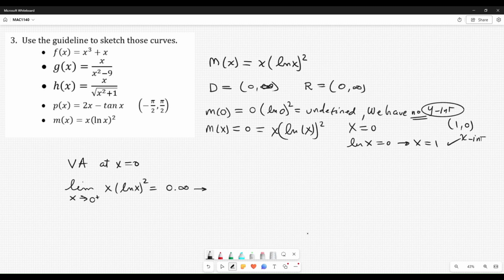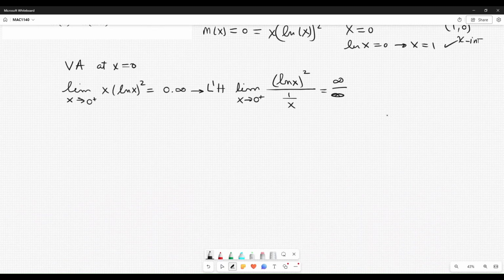Now, after rewriting the limit when x approaches 0 plus of ln x squared over 1 over x, it's equivalent. Now when you plug in, logarithm of 0 is infinity over infinity, because 1 over 0 is infinity. Infinity over infinity, ready to apply L'Hopital rule.